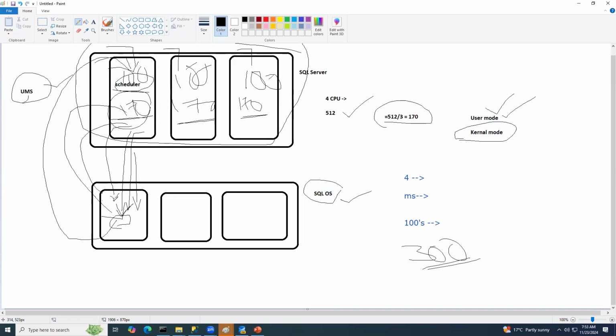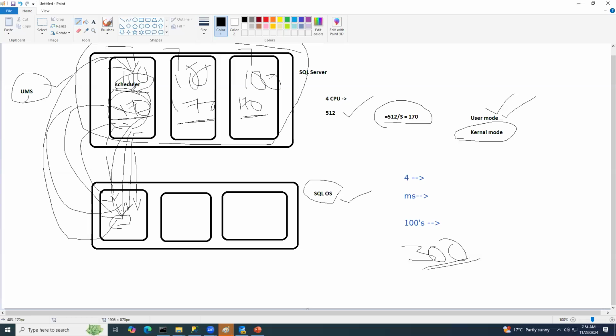Each thread comes here, executes and goes back. It's very fast, but the CPU is not idle. The CPU is continuously busy because you have a huge workload. 100 is just an example; it can be any number, right?